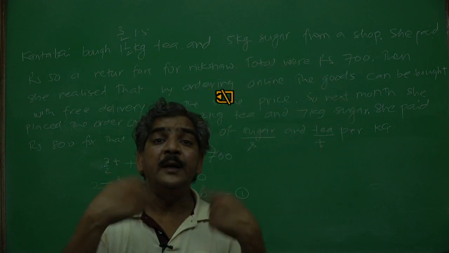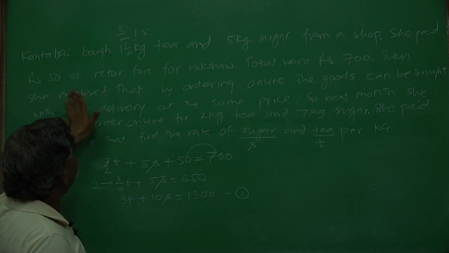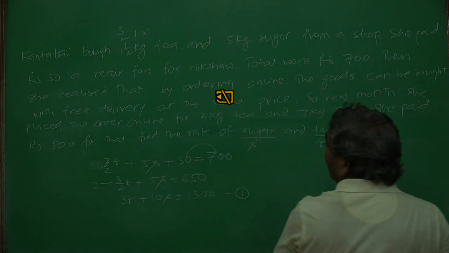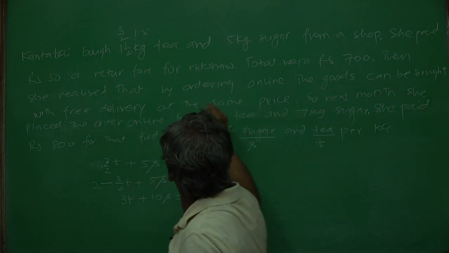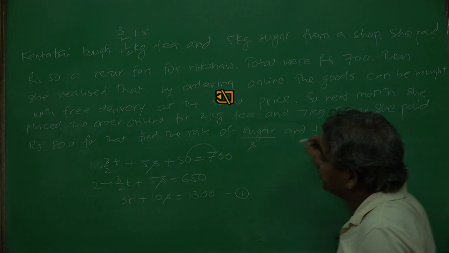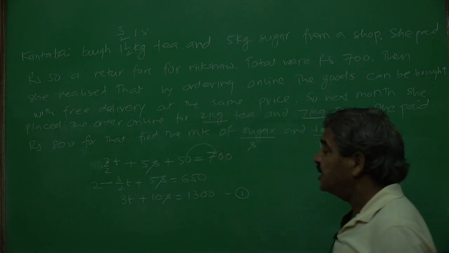Now I need one more equation. Now see, she realized that by ordering online, the goods can be bought with free delivery at the same price. So next month she placed the order online for 2 kg tea and 7 kg sugar.